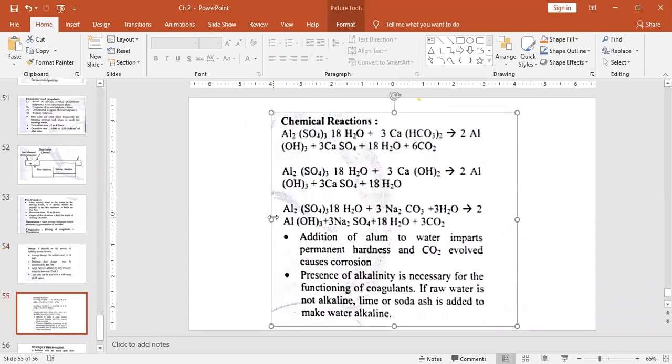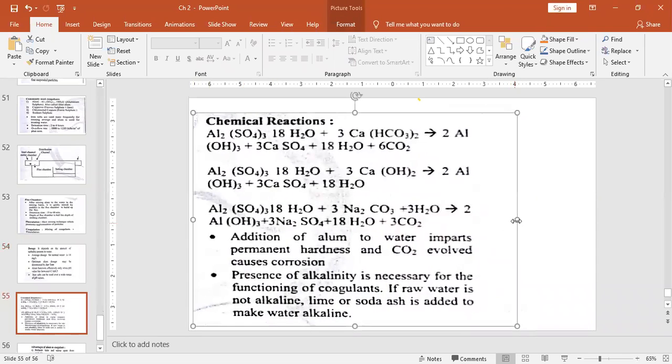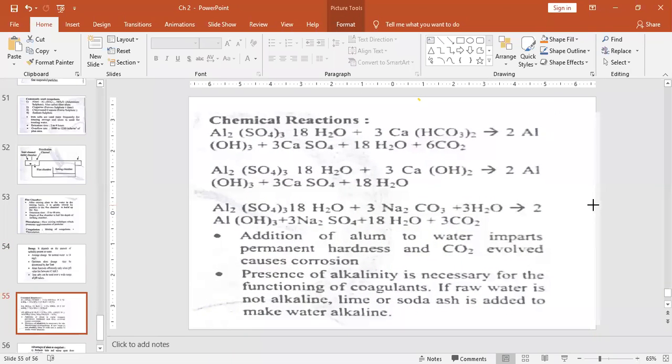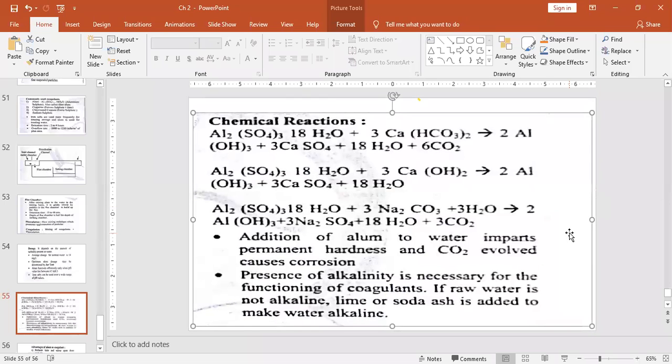Then chemical reactions. What chemical reactions are performed in a coagulation process? Al2(SO4)3·18H2O reacts with calcium bicarbonate, 3Ca(HCO3)2, and converts into aluminum hydroxide, calcium sulfate, and water as usual, and carbon dioxide is also produced.